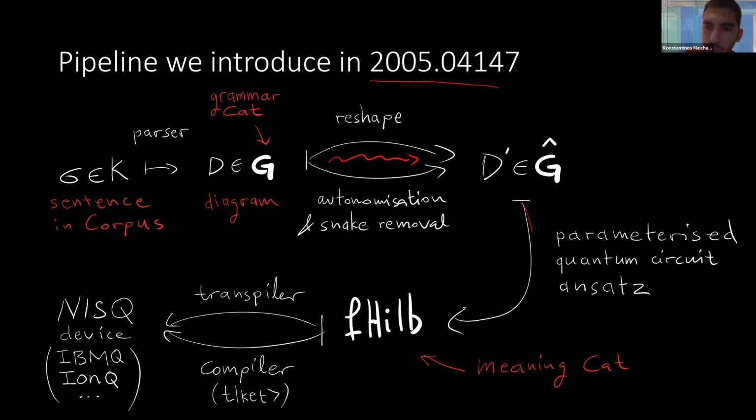And then the most important part, which makes these things quantum, is the use of quantum machine learning in this arrow, where we use parameterized quantum circuits as Ansatz to encode the semantics of these diagrams that represent grammatical parsings of sentences. Then, once the meanings are encoded in Hilbert spaces, the spaces in which quantum states are defined, where they live.